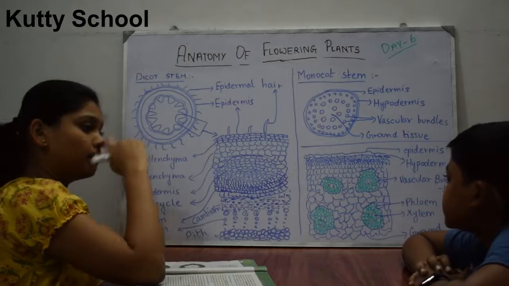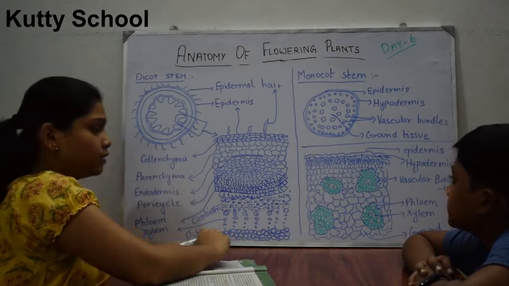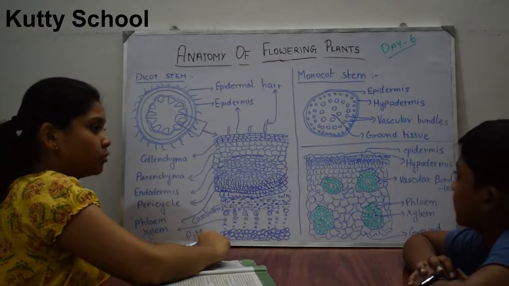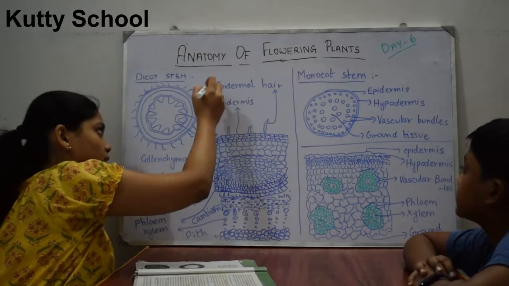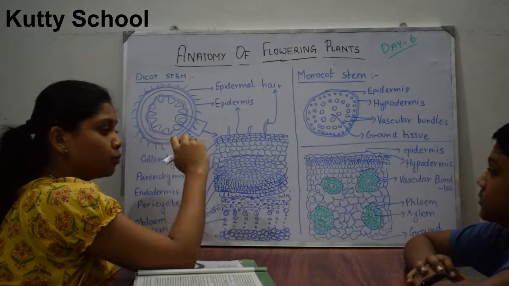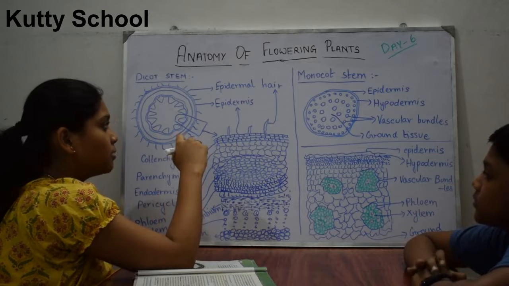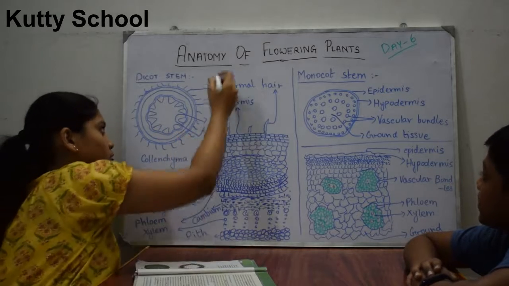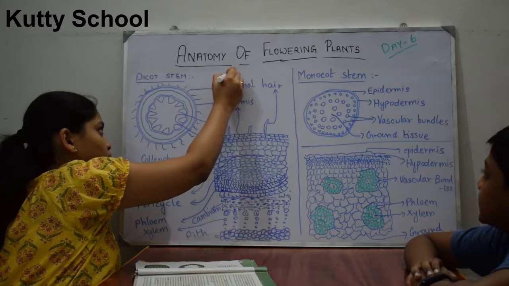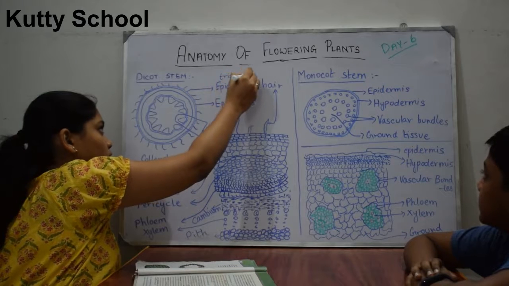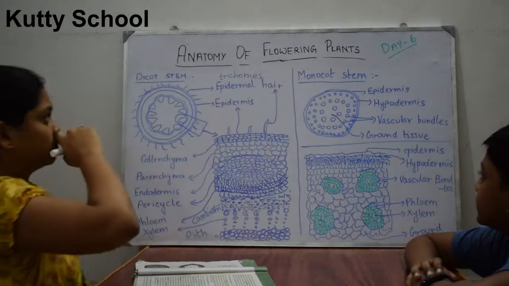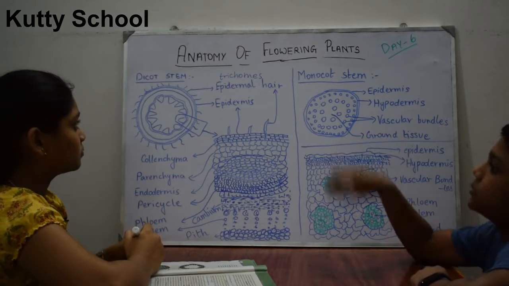Trichomes are multicellular. Trichomes arise from the stem, that is from the shoot, and root hairs arise from roots.